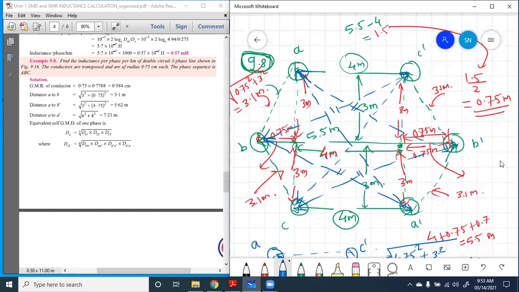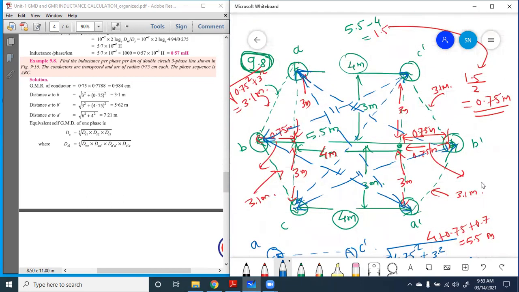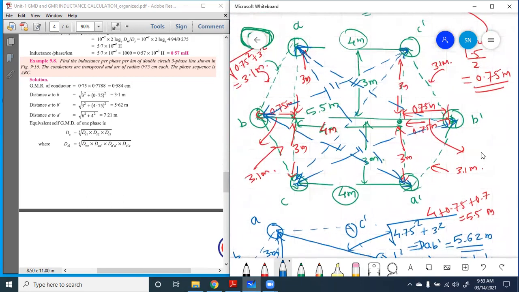Similarly, we need to calculate the long distances AA'. For that, suppose we consider this triangle. We need to consider this triangle. This is the 6 meter total distance, and this is the 4 meter.